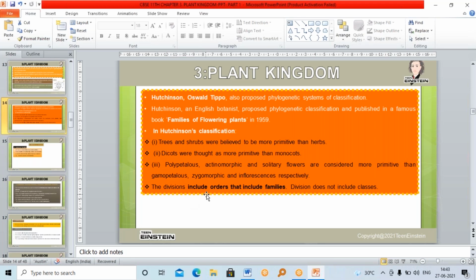Such flowers are the advanced characters in Hutchinson's classification. The division includes orders that include families. Division does not include classes; there was no level between division and order, it went directly to order.